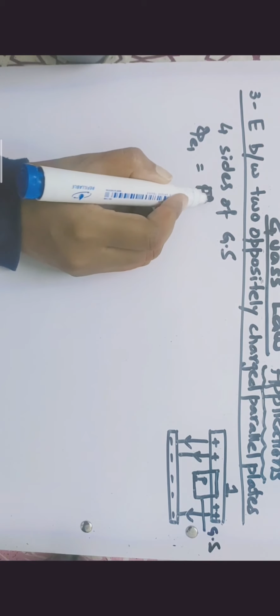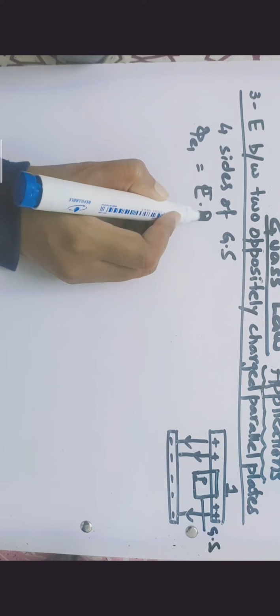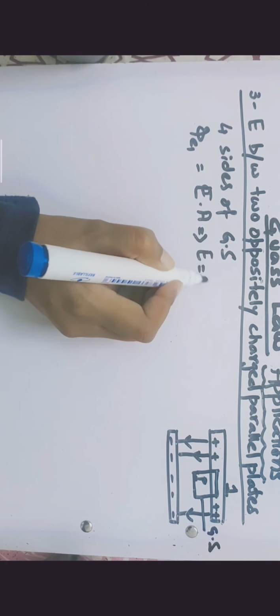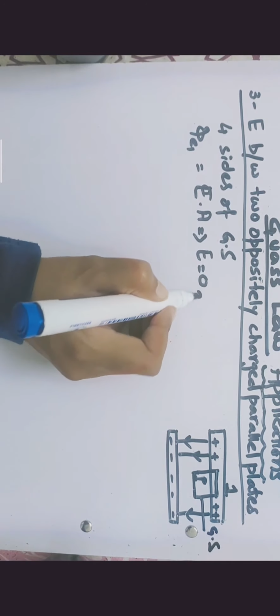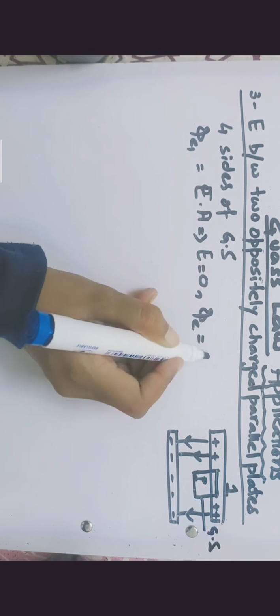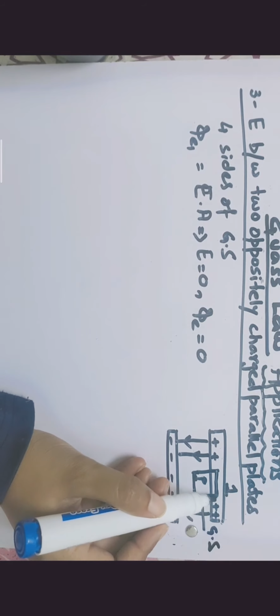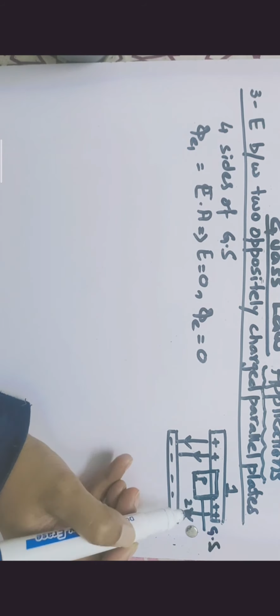So we can write 0 degree over here, but the main problem is that E is equal to 0, because this side is lying inside the metallic plate, and we have read in the first application that inside the metallic conductor there is no charge. When there is no charge, there is no electric field intensity. E equals 0, that means flux is equal to 0.